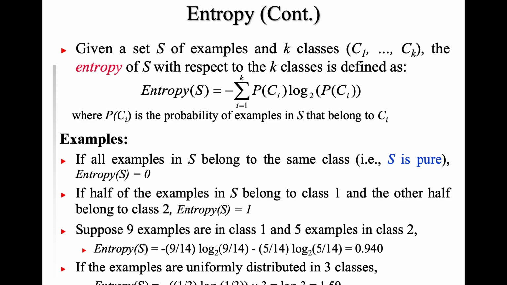Now we want to see what happens if all the instances belong to the same class. The entropy is 0. Why? What is the probability of instances belonging to, for example, that one class? If all instances belong to the same class, what would be the PCI?